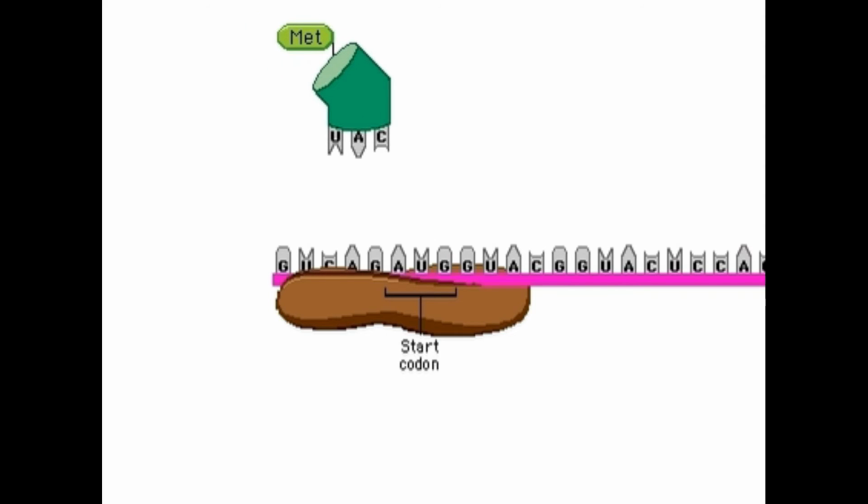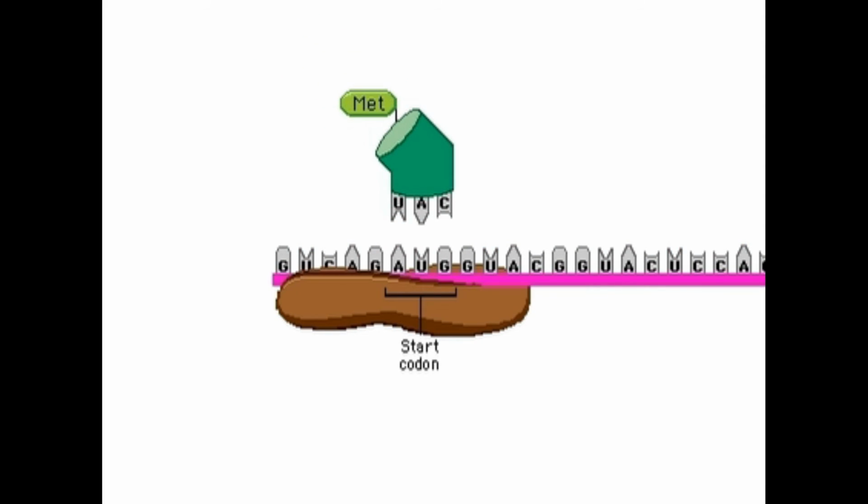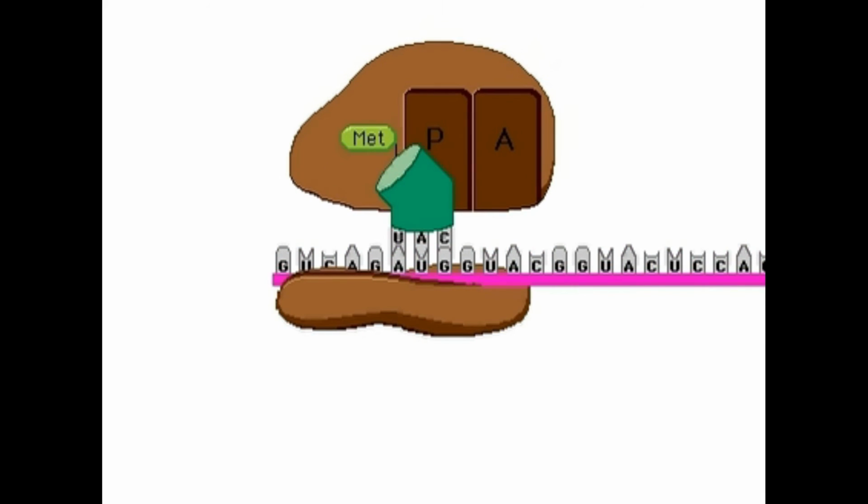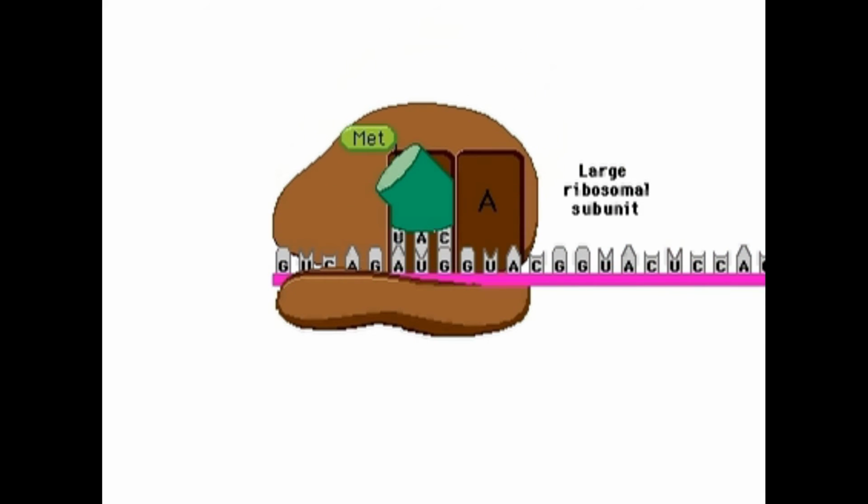Next, the initiator tRNA carrying the complementary anticodon and the amino acid methionine will bind to the start codon. Next, the large ribosomal subunit will bind to the complex, where the initiator tRNA will occupy the P site.